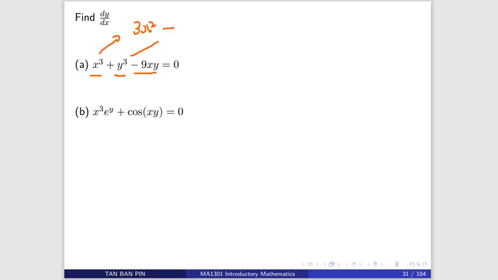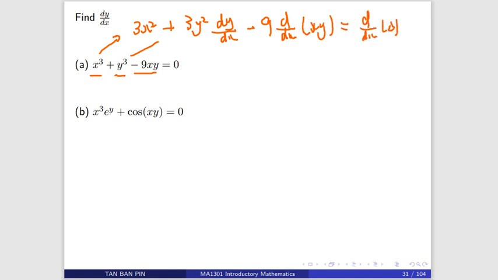Differentiating y cubed will give you 3y squared, but because it's a y term, you write dy/dx. And then you need to differentiate 9xy, so d/dx of xy equal to d/dx of 0.